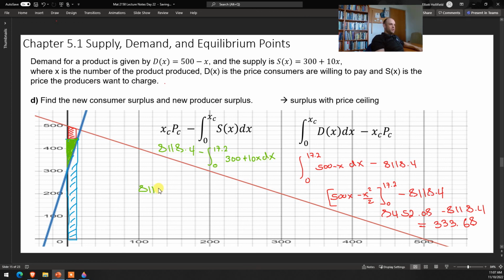That is 8118.4 minus 300x plus 5x squared, evaluated from 0 to 17.2. Now let's do that evaluation. And I got 1479.2.